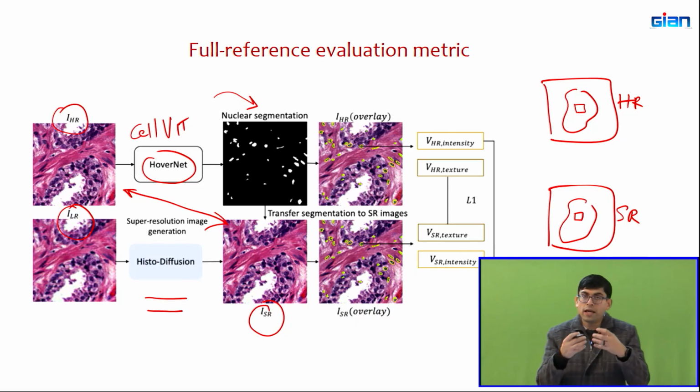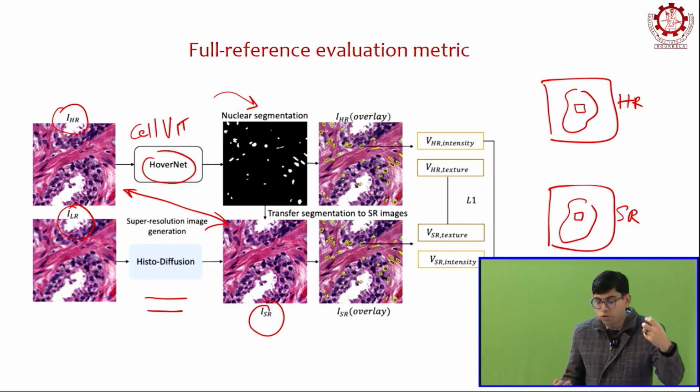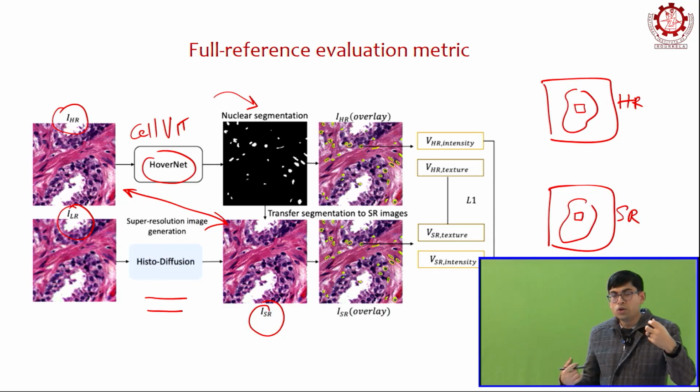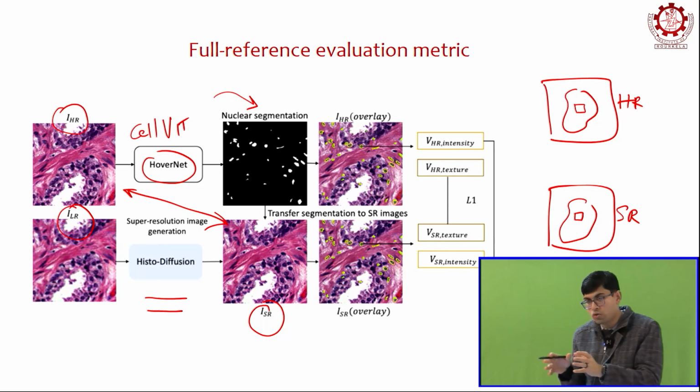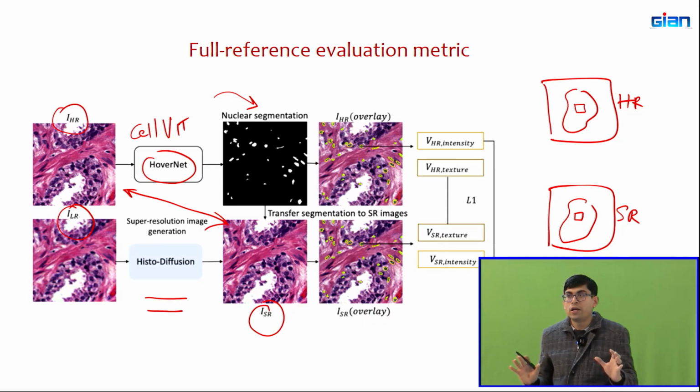So that's why you take the locations of the nuclei from the ground truth, you overlay the locations on the super resolved image, and you look at whether there is any change in the intensity or in the texture of the nuclei, right?